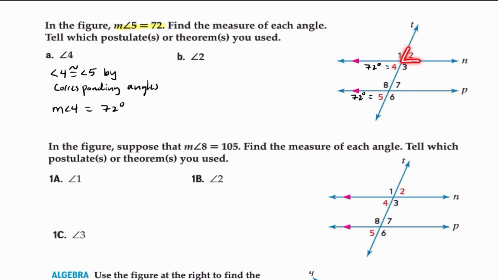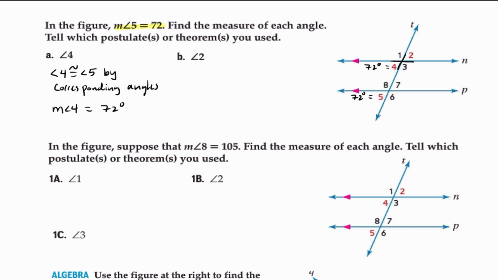This is where angle 2 is located on the diagram. We know that angle 4 and 5 are congruent to each other because of corresponding angles. That's the reason. So they're both 72 degrees. If we look at angle 4 and angle 2, these two angles are congruent to each other by vertical angles.